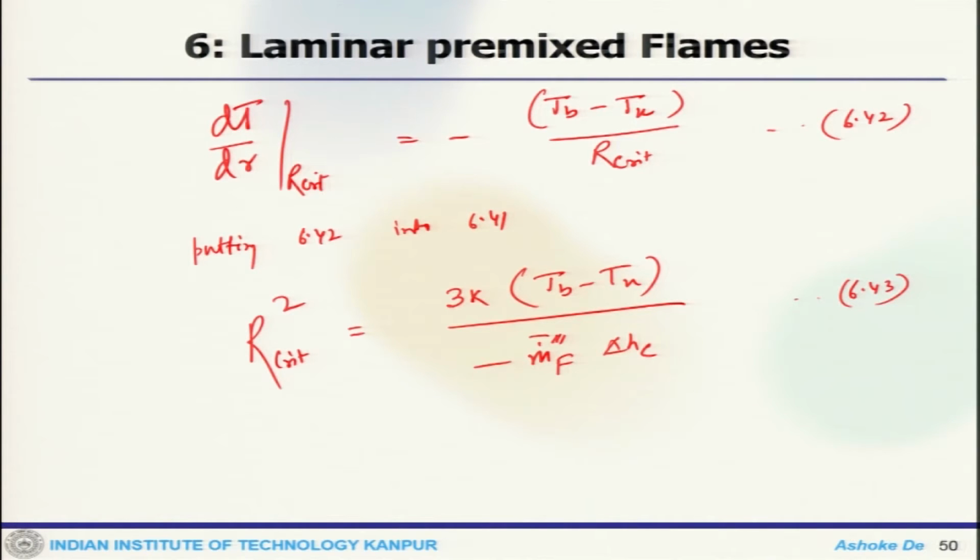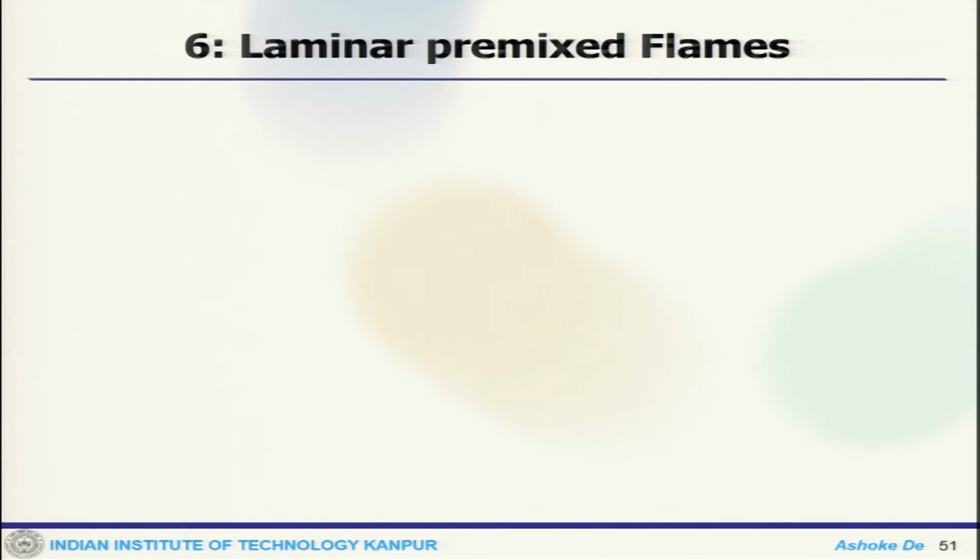Now, we have already got some relationship in 6.20, the average reaction rate in terms of SL and delta. So, that thing we can use, and also we have the enthalpy of combustion as nu plus 1 Cp Tb minus Tu.